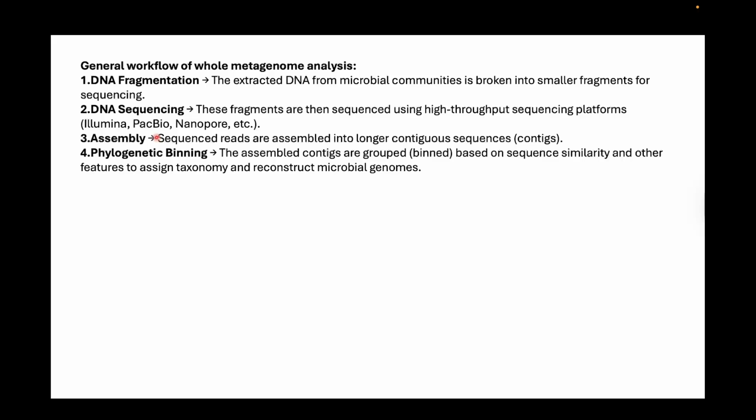Then is the assembly step. Sequence reads are assembled into longer contiguous sequences which are called contigs. Then comes phylogenetic binning. The assembled contigs are grouped or binned based on sequence similarity to assign the different taxonomical groups that are present in the community, in the sample.